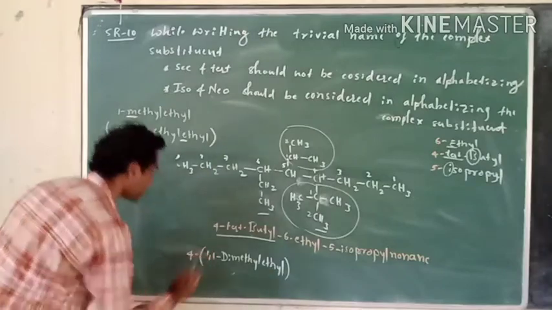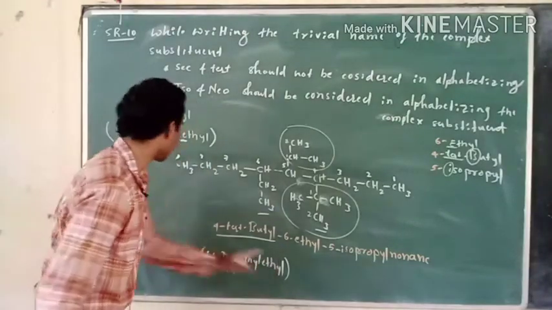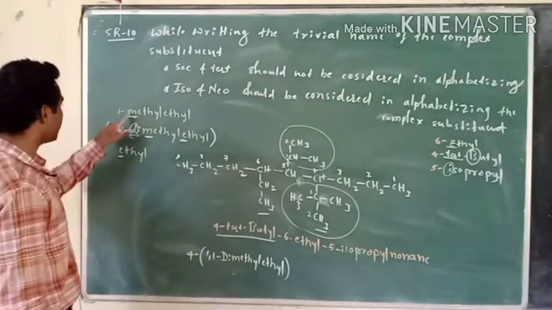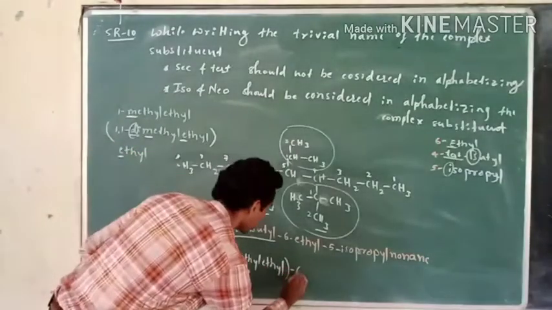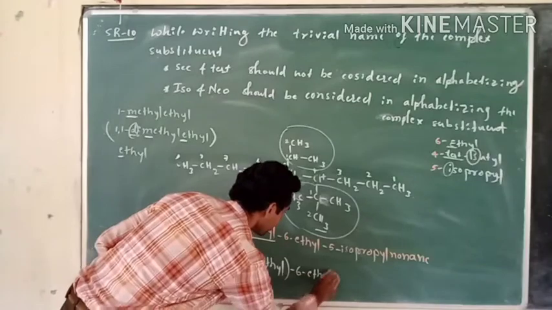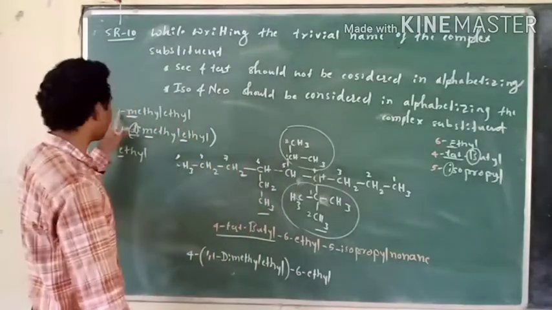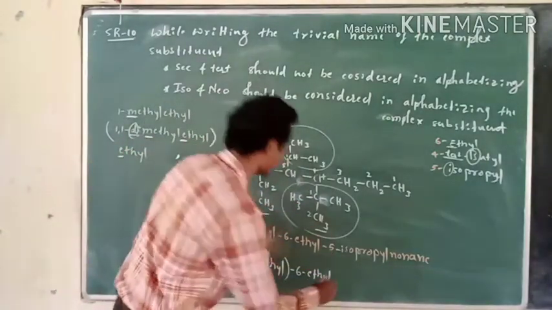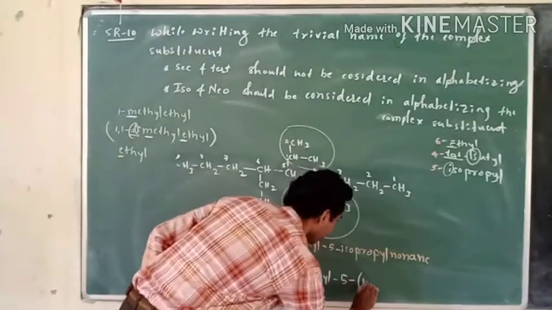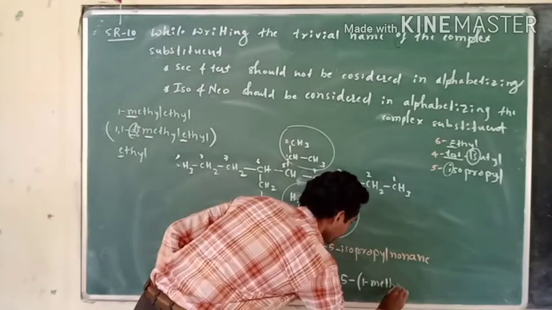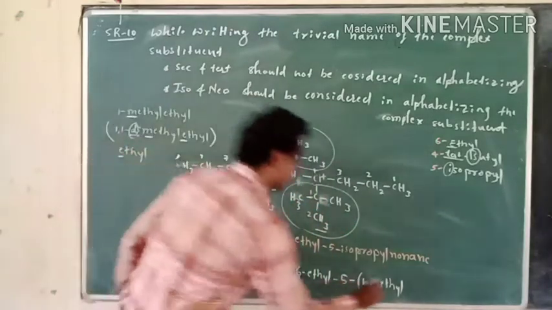At the fourth position, 1,1-dimethylethyl. Next one, out of these two, which comes alphabetically first? Ethyl. At the sixth position, the ethyl group is there. Right. So the next one is the fifth position. At the fifth position, within brackets, 1-methylethyl.